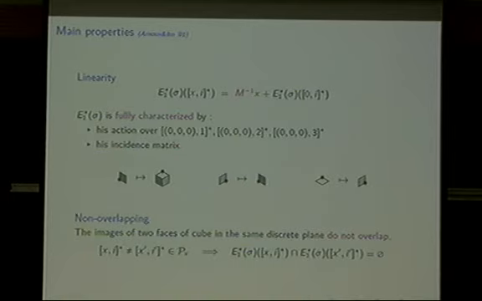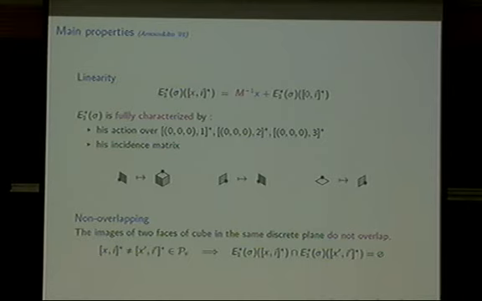Thanks to the formula that I gave you, if I consider two faces on a discrete plane and I compute their images, then if the faces are distinct, the images will not overlap. So the main interest of this formula is to ensure that everything will be disjoint. I start from two disjoint pieces, I will obtain two disjoint patterns.